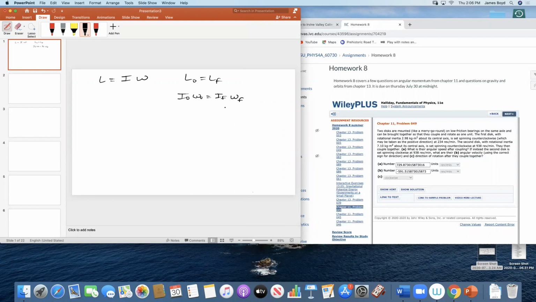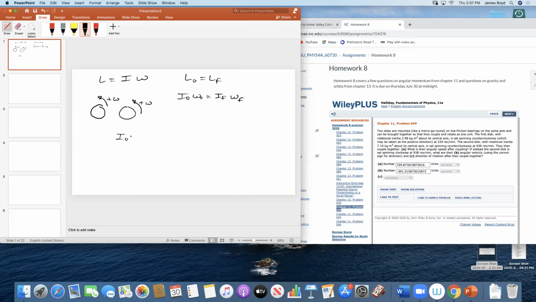For this problem, we're told we have two disks, and they are both initially rotating counterclockwise, which is a positive rotation. So they both initially have positive omegas. They have different I's, and then they're going to come together, just like in the quiz problem.